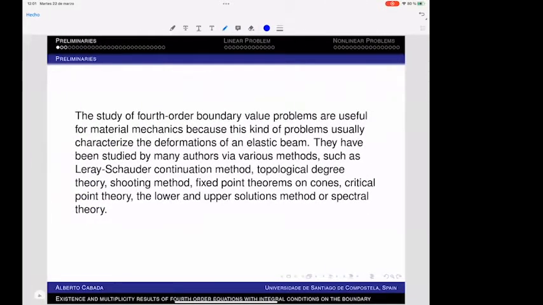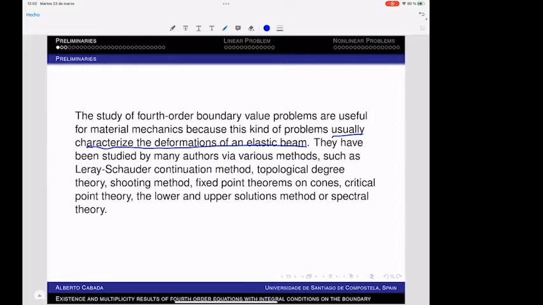First, to say that fourth-order equations are useful in general because they usually characterize the deformations of an elastic beam. They are very well known in the study of a bridge, for instance, in the stationary models. They are usually given by a fourth-order equation.